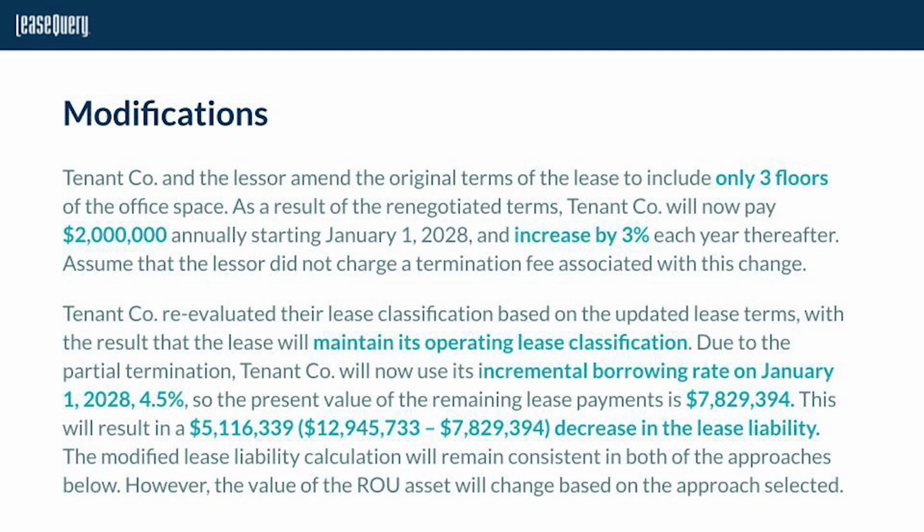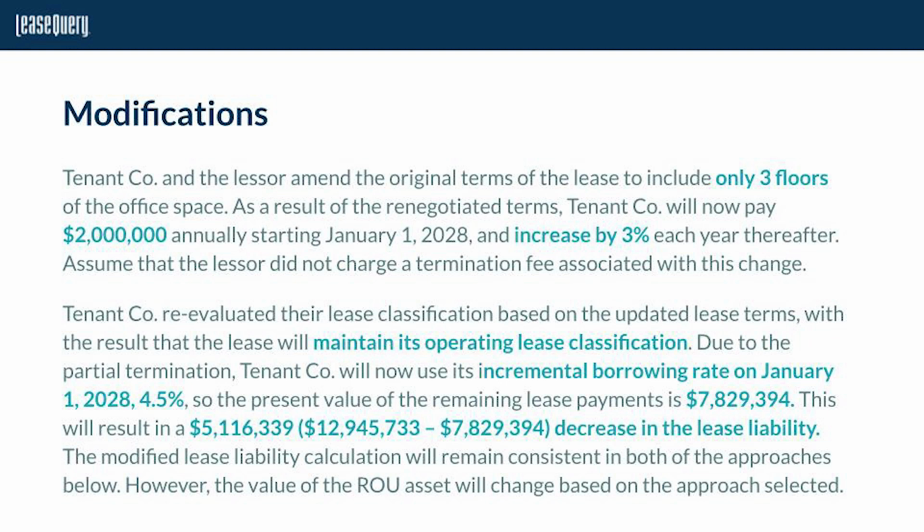First, Tenant Co. is going to reassess the lease classification, and it's going to determine that it's still an operating lease. Then next, the lease liability is going to be remeasured by taking the present value of the modified lease payments using the discount rate as of the modification date.